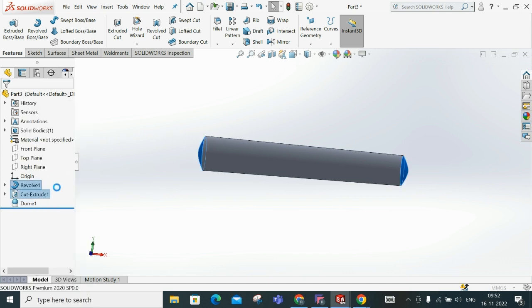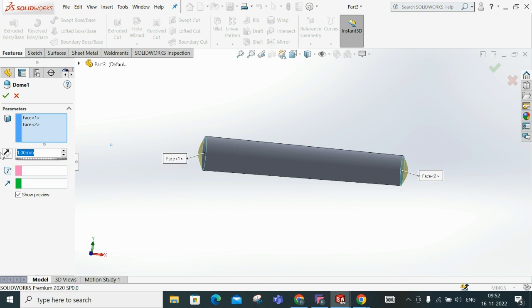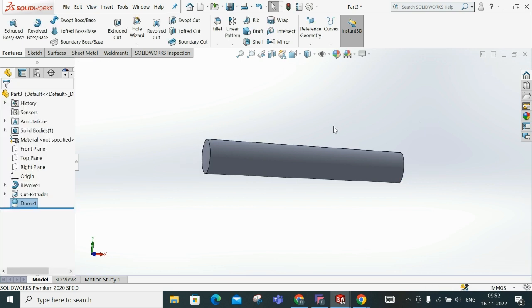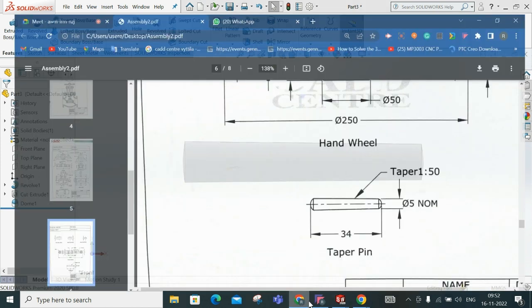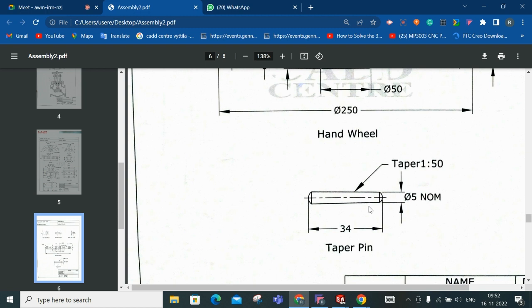Give a small dome of 0.5 or something. That is enough, just to represent this thing. Even that is not required, I just simply do that. Fine.